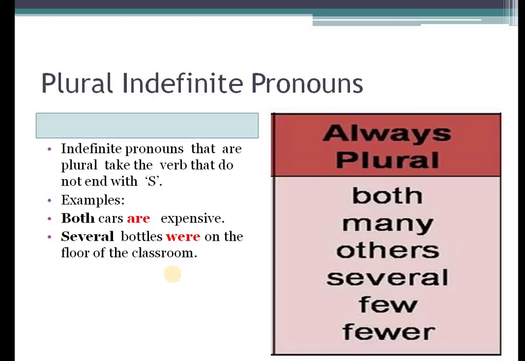Several bottles were on the floor of the classroom. Many kids do not have a home. As you can see, all of these refer to things that are more than one. If you're talking about cars, you can say both are expensive.